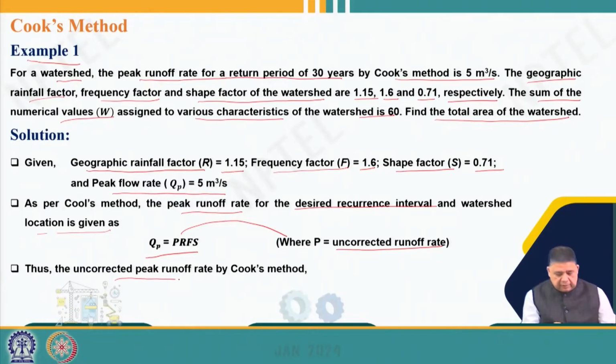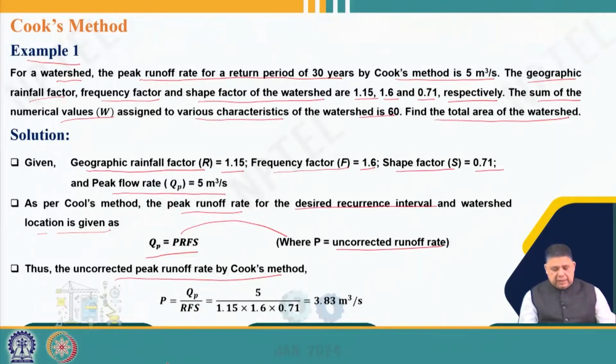Knowing this information we can calculate using P equals QP by RFS, and the values of QP, R, F and S are known. So, the value of P, the uncorrected runoff rate, we get is 3.83 cubic meter per second for the given data.